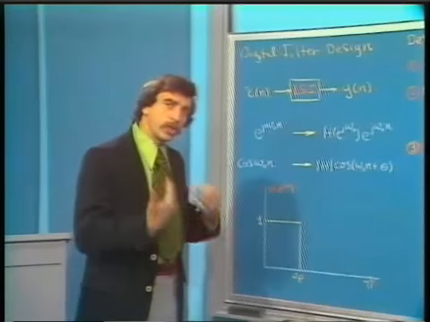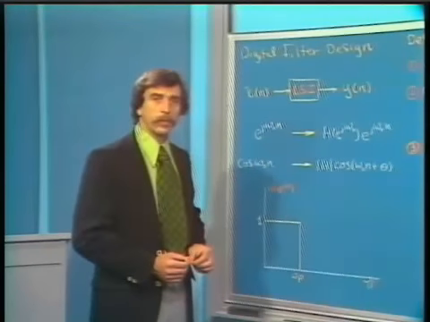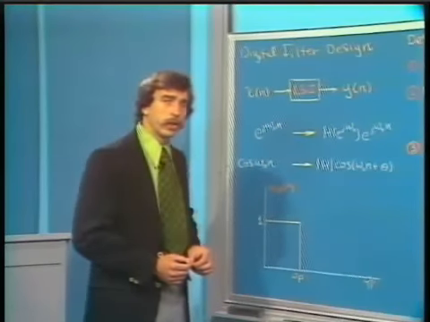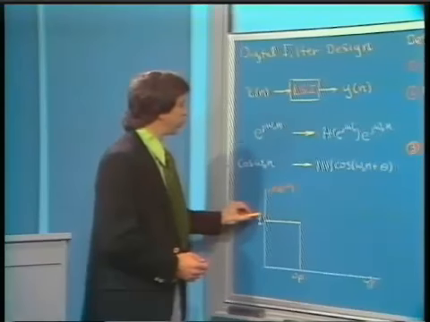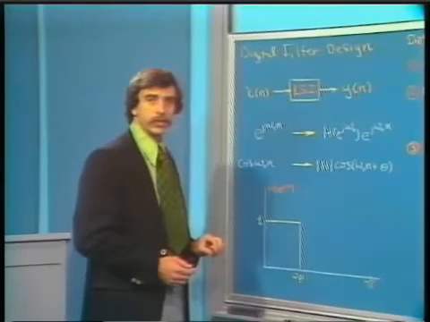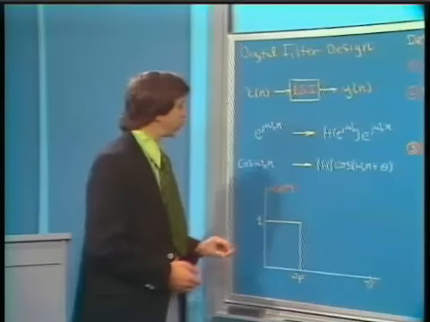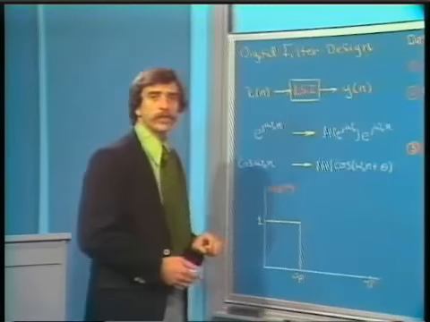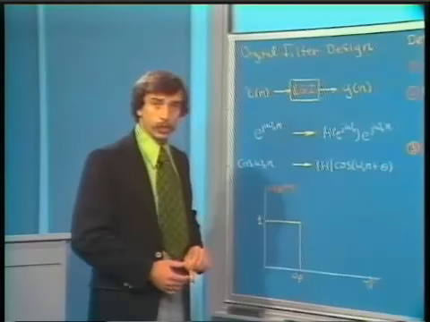And so in this more general sense, the filtering problem can be thought of in terms of the implementation of a linear shift invariant system with a specified frequency response characteristic that we wish to achieve.